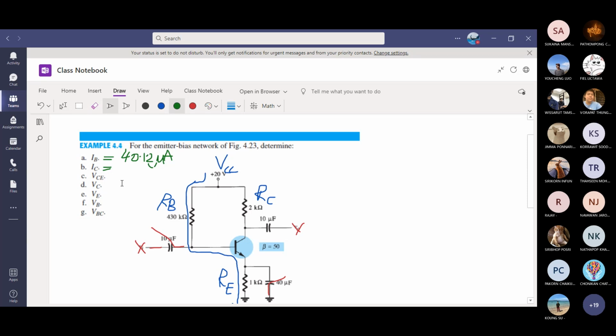Have you found IC? Whoever is doing IC? Yes, this is 2.006 milliamp. You can say 2.01 milliamp then.